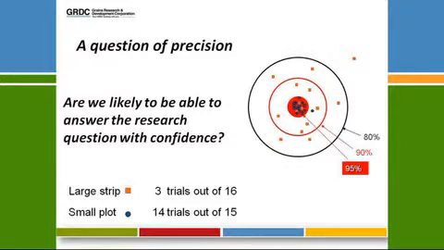So framing the answer in another way and bringing it back to the research question, it's a question of precision. Your target is your little bullseye. Can I answer the research question? Can I find a difference between varieties of half a tonne per hectare? 14 of the NVT small plot trials could do it, and the large strip trials are just less efficient, basically.